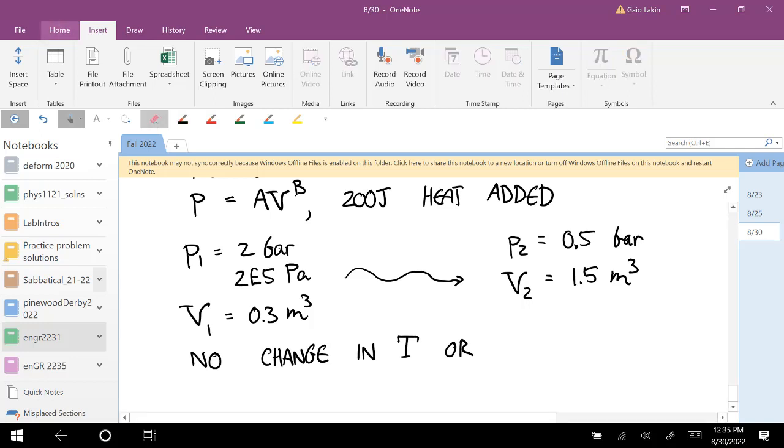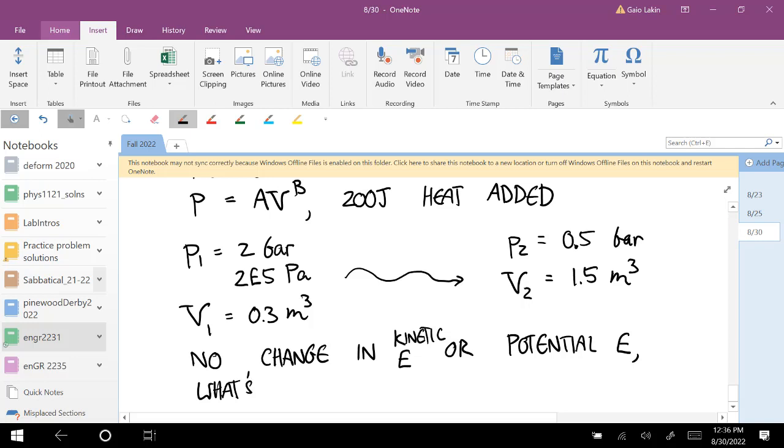That's a little confusing because we have 2 capital V's going around, so I'll just write that as potential energy, and I'll write this as kinetic energy. What's the change in internal energy?